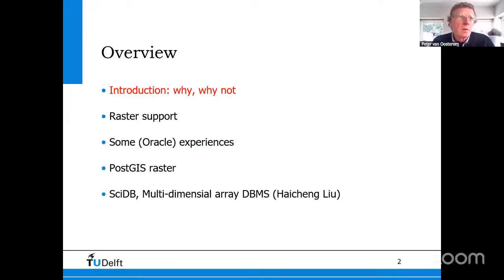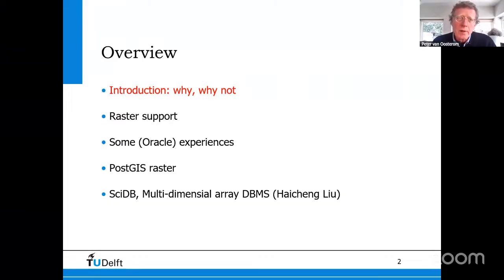So let's have a look at the lecture this afternoon. Why would you like to store raster data? We did already look at extensions for spatial data, points, lines, polygons, also for topology, networks, linear networks, planar partitions.